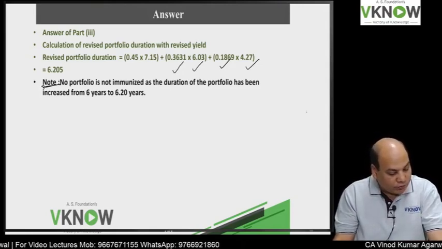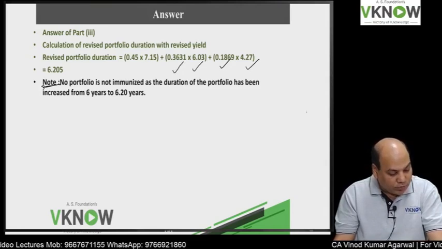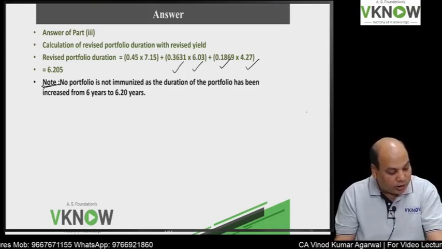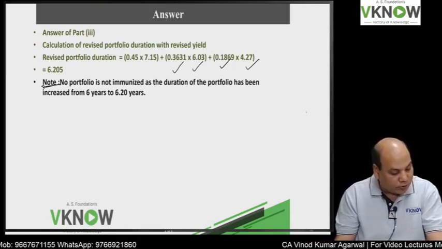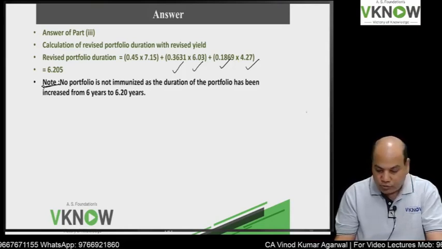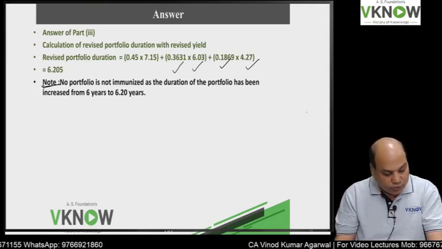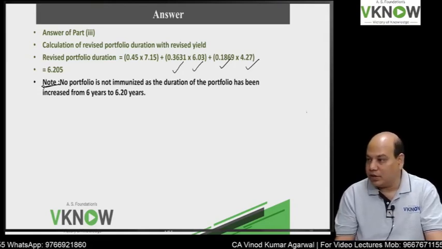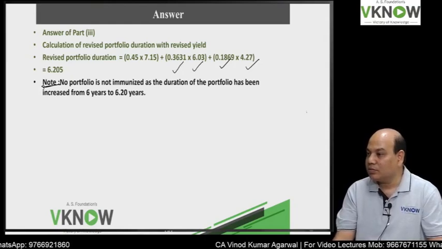Fourth part is: determine the new percentage of bond B and bond C that are needed to immunize the portfolio, bond A remaining at 45% of the portfolio. They have just asked you to revise the weights based on revised duration.